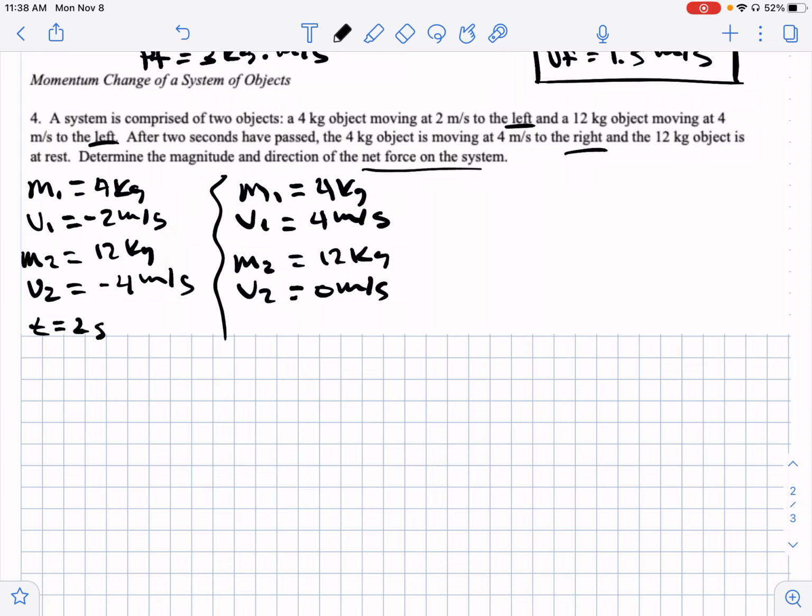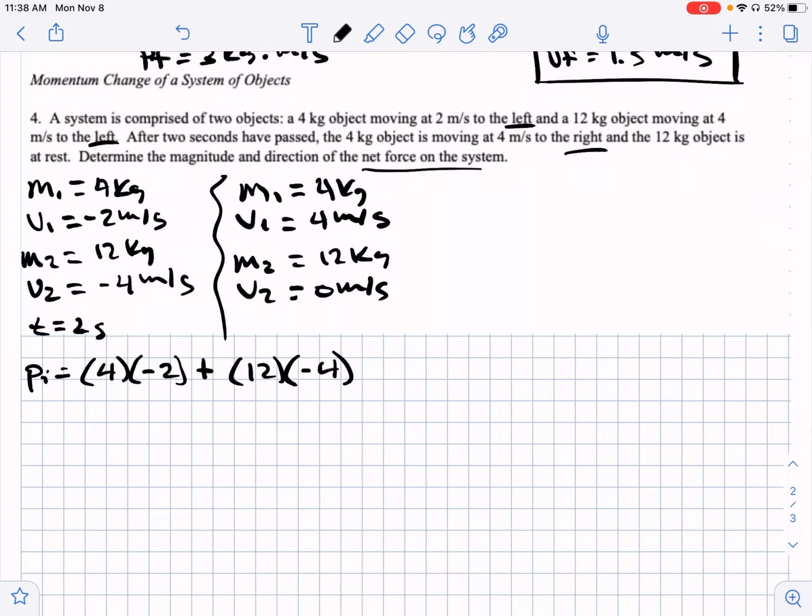And so to start this out, we have enough information, we can solve for the initial momentum on this system. And so the initial momentum is equal to the momentum of cart 1 plus the momentum of cart 2. So 4 kilograms times -2 meters per second plus 12 kilograms times -4 meters per second.